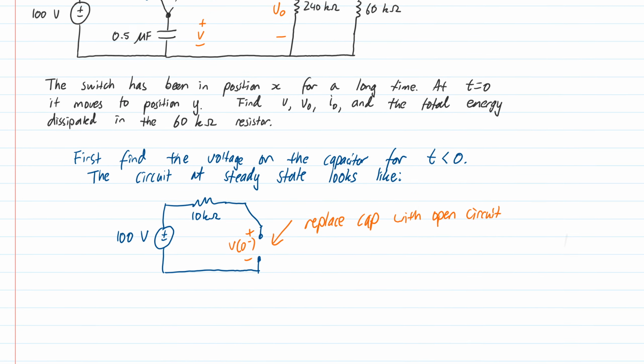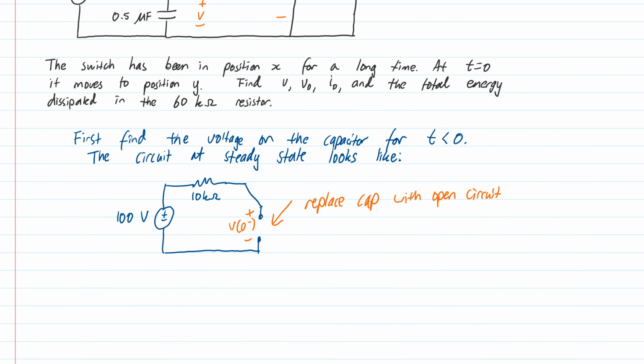This one's pretty easy. There's obviously no current flowing, and no current flowing means no voltage drop across the resistor. So we can just read it straight off. This is V0 minus. The initial voltage is just 100 volts. If this was more complicated, we may need to do some circuit analysis to solve for that voltage. So that was step one.